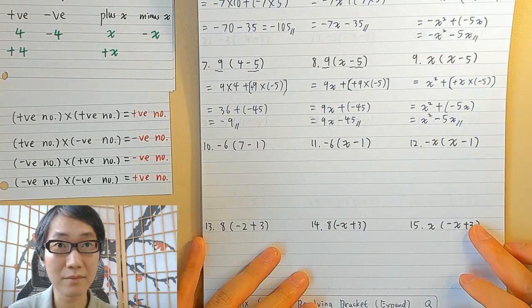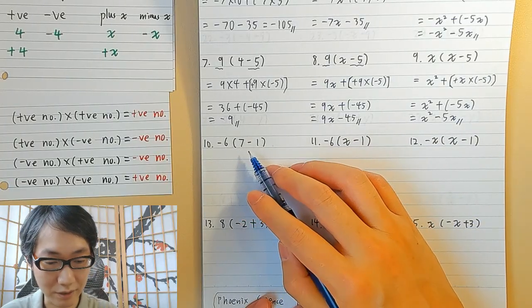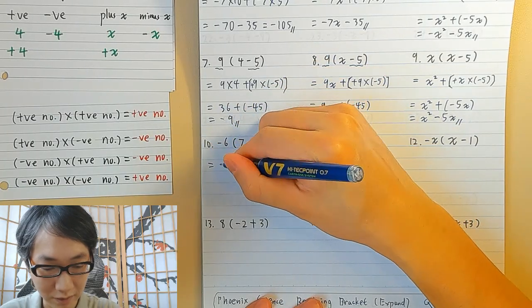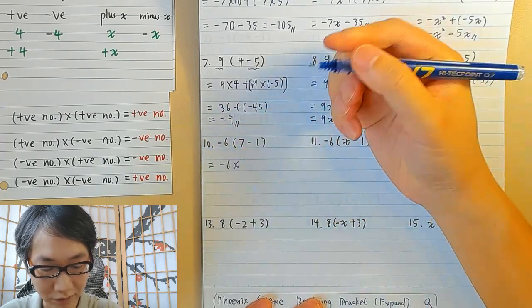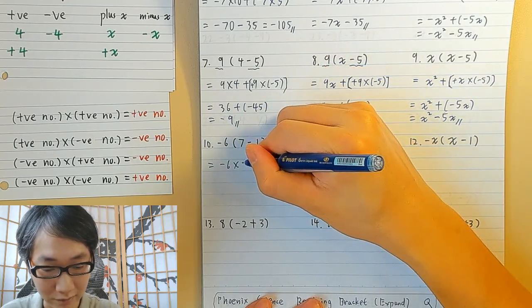Then negative 6 bracket positive 7 minus 1. So the first term, negative 6 times positive 7. What if I put a bracket in the first term too? It's okay.